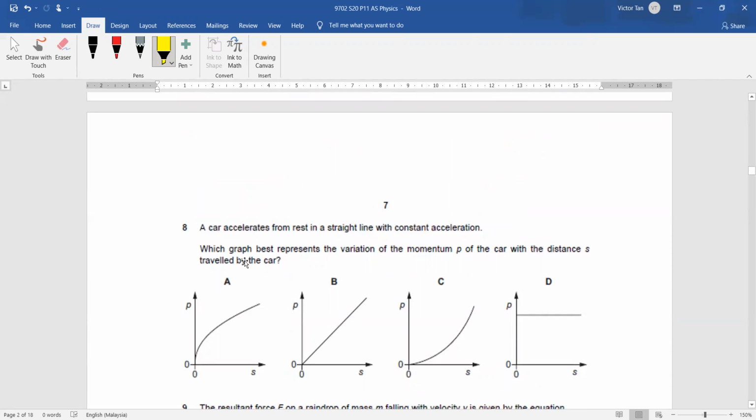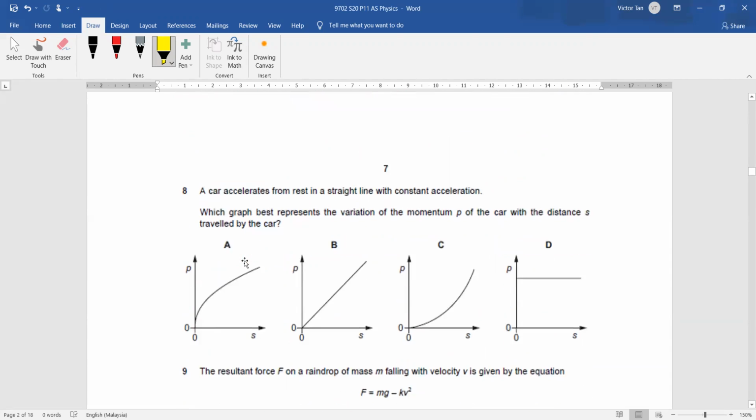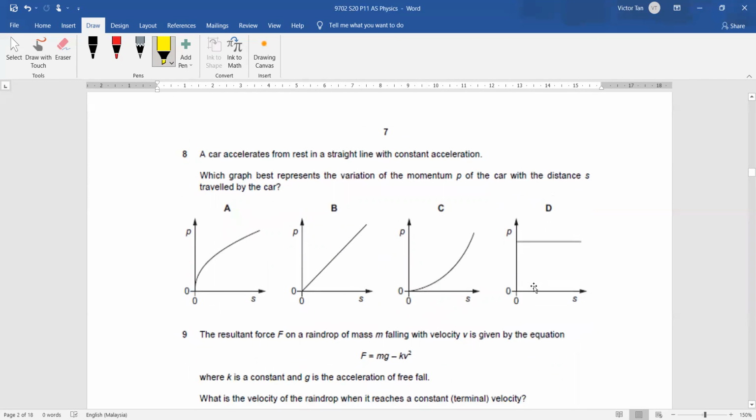A car accelerates from rest in a straight line with constant acceleration. Which graph best represents the variation of momentum P of the car with the distance S traveled by the car? So obviously a lot of students will just memorize. Constant acceleration. So P equals mv.